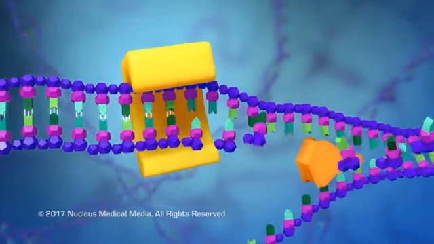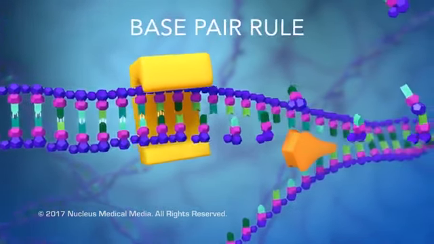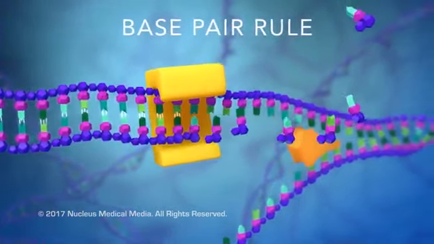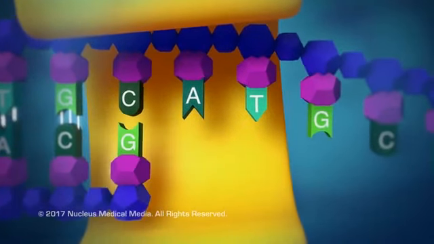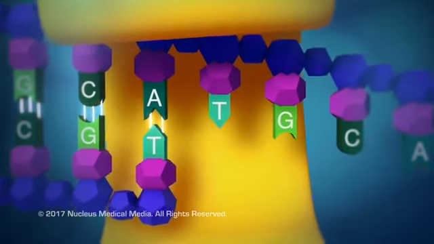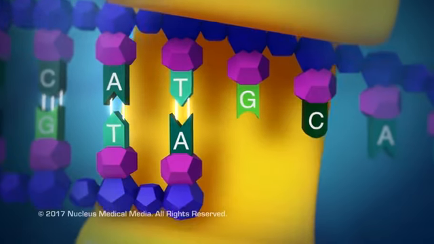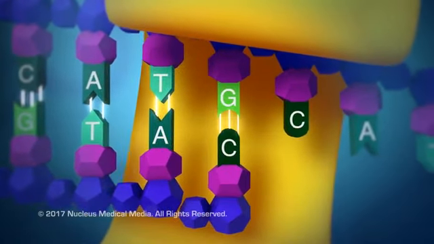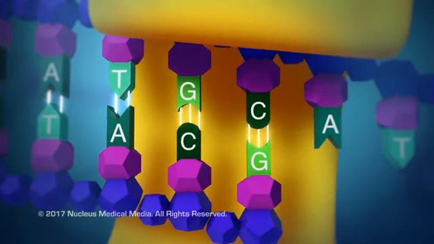New nucleotides are added to the template strands following the base pair rule of nitrogenous bases. Remember, in DNA, adenine always bonds with thymine, thymine always bonds with adenine, guanine always bonds with cytosine, and cytosine always bonds with guanine.